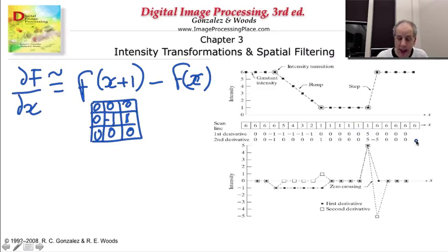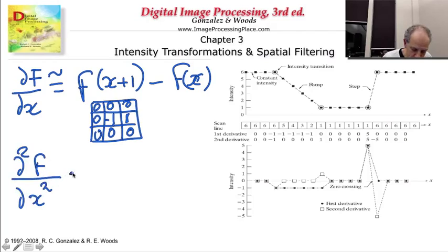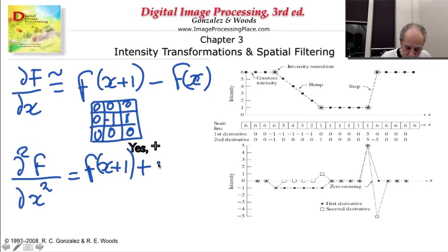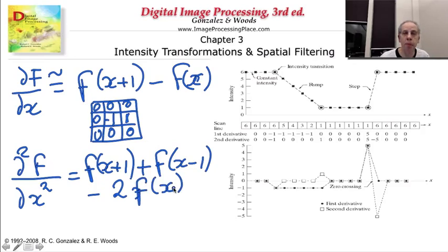Then we can take the second derivative. And once again, we can write an explicit formula and a mask for the second derivative. So we're going to do the second derivative of our image, once again in the x direction. And once again, there are many ways of implementing this second derivative, but one of them is to take f at x plus 1 plus f at x minus 1 and subtract 2 times f at the actual pixel.